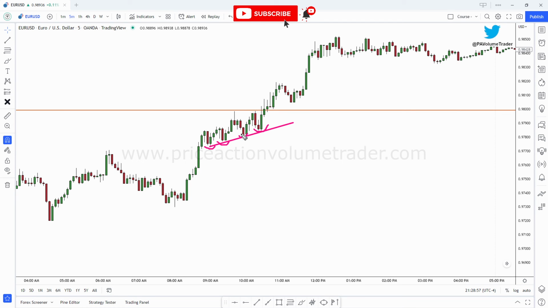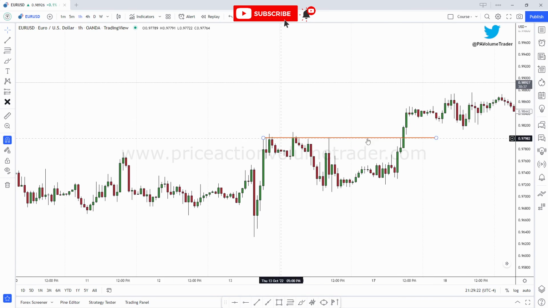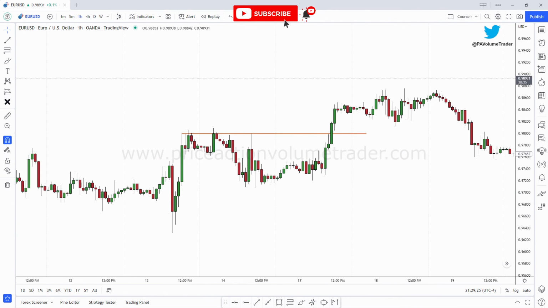If we come over here and I see that we just break below this and break below all the swing lows, and then we pull back and have a bearish retest, and now we break another low, now we're having a micro structure shift to the downside, then we can say, okay, it seems like this area, price is having trouble getting through here, which is the area that we were analyzing right here.